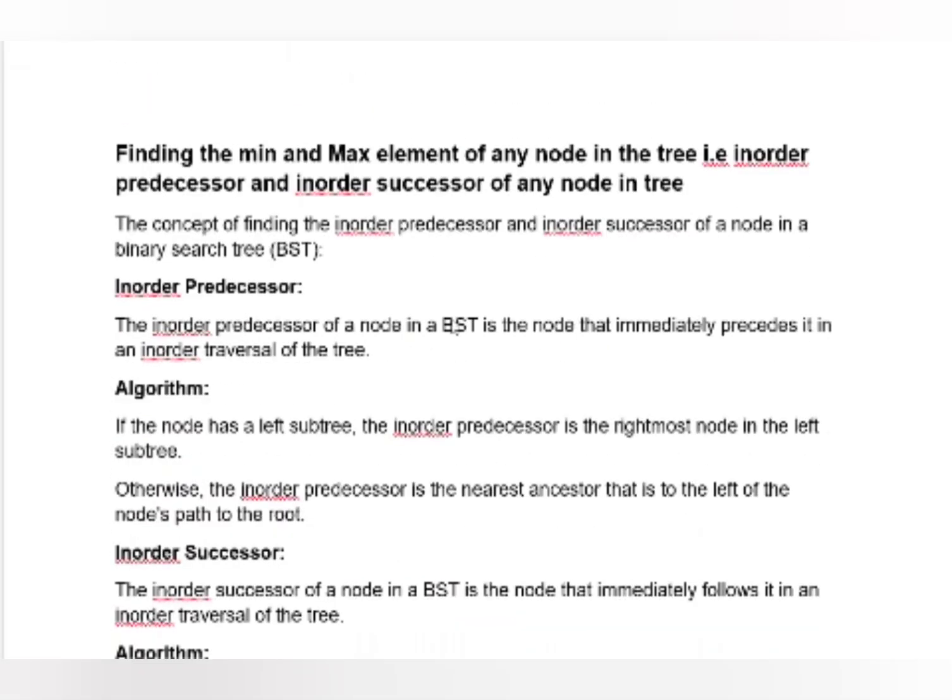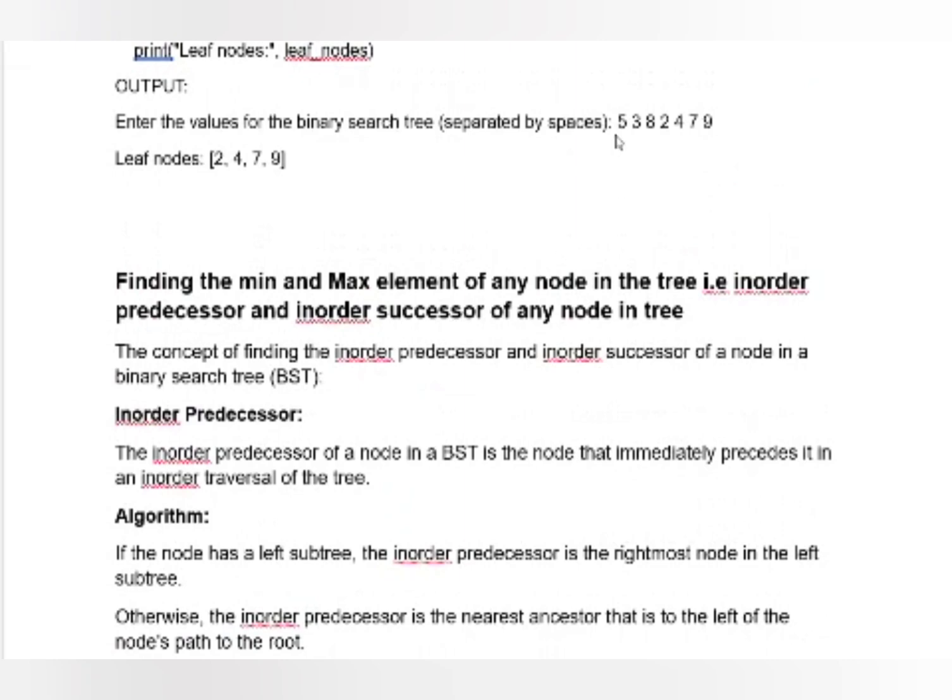Here, let us take these values: 5, 3, 8, 2, 4, 7, 9. When we do in-order traversal, the values will be 2, 3, 4, 5, 7, 8, 9, right?